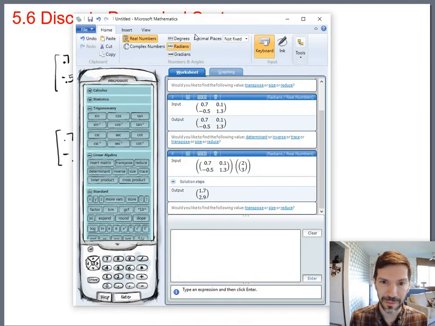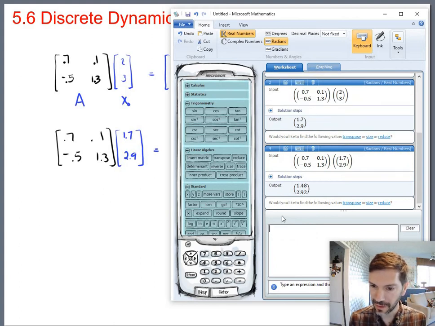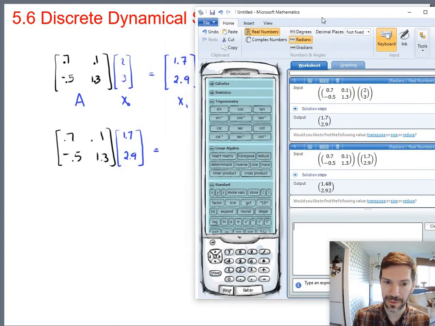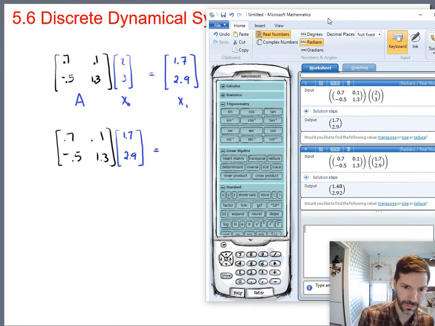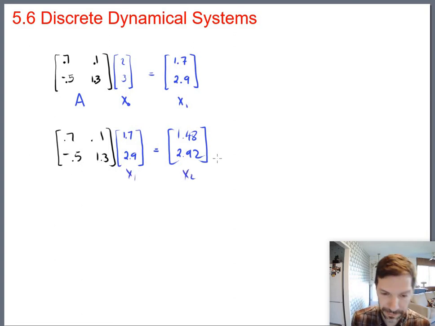Let's just do one more iteration here. We would do the original transition matrix times our new result, and that gives us 1.48 and 2.92. So that was x1 times the transition matrix, which gives us our x2.